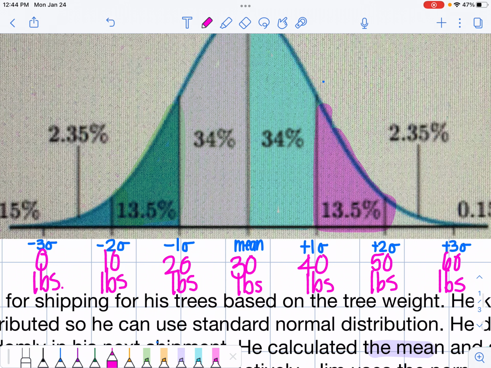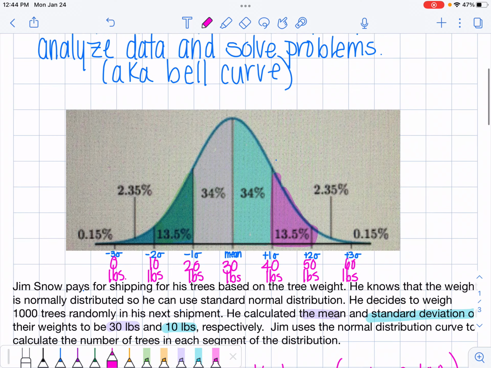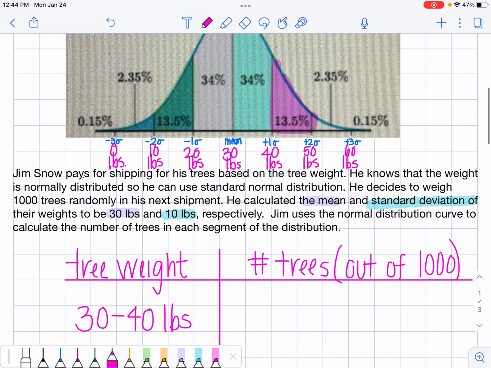Okay. So we're going to use this data to help answer the question. I want to know, out of the 1,000 trees, how many of the trees weigh between 30 and 40 pounds? Well, between 30 and 40 pounds, we're looking at this 34%.